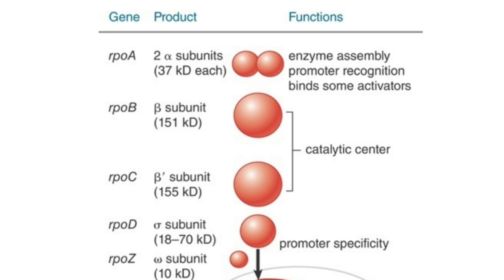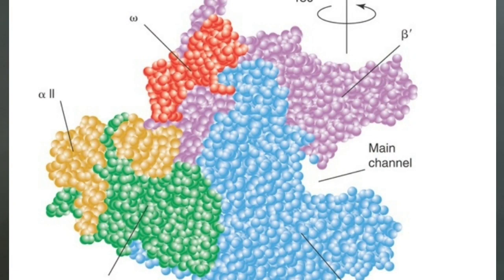So mutations in rpoB and rpoC, the genes coding for the beta and beta prime, affect all types of transcription. Now move to the alpha subunit. The dimer formed by the 2 alpha subunits serves as a scaffold for assembly of the core enzyme.